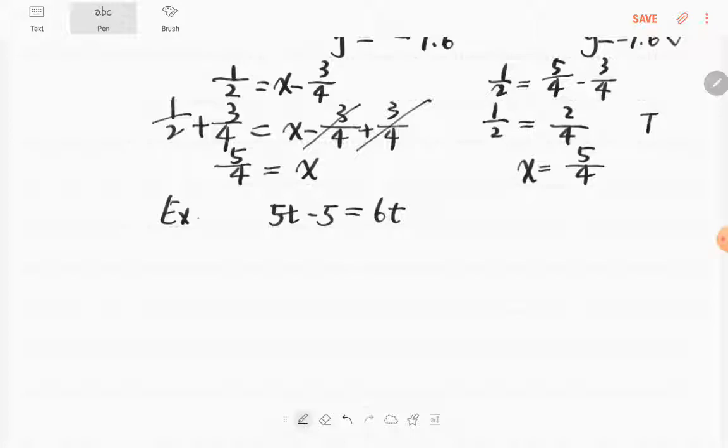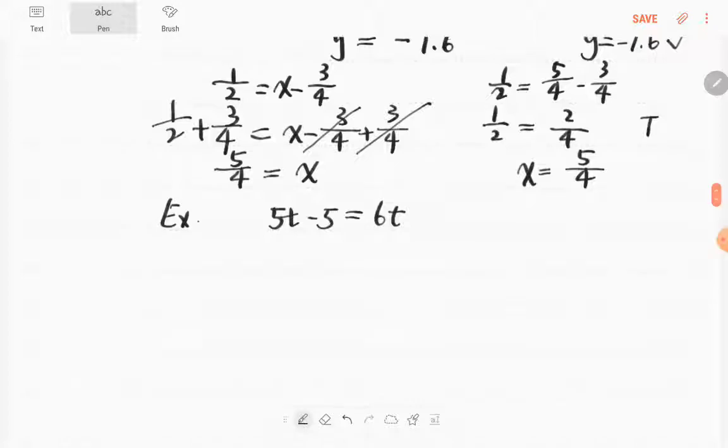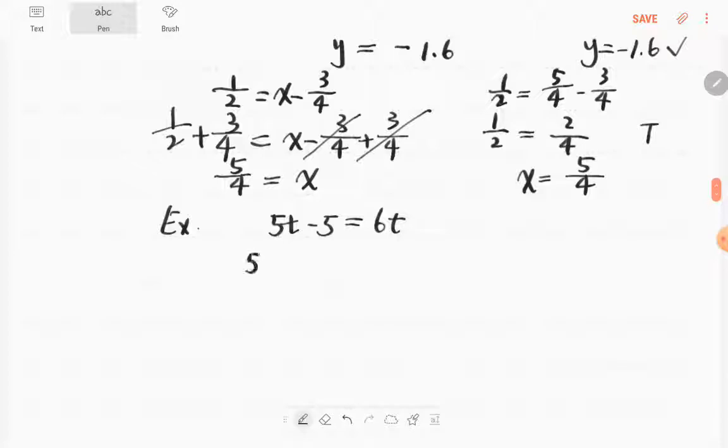We want to keep 1t on one side, and we hope another side does not have t. So we can do minus 5, then minus 5t for each side. So for the left side, we have 5t minus 5t. We can cancel out. So negative 5 is equal to 1t. So we just put t here.